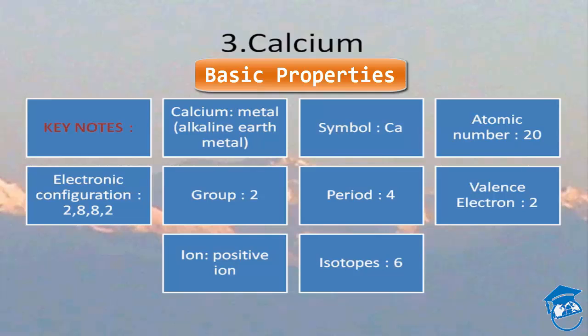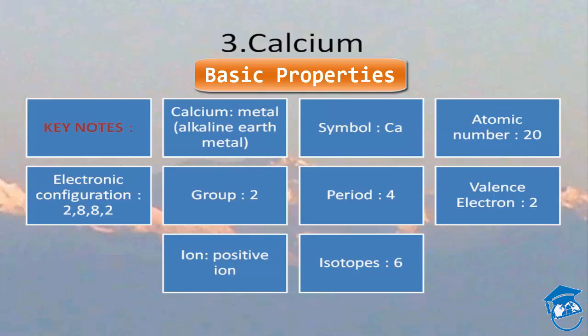The electronic configuration of calcium is 2, 8, 8, 2. This means calcium has 2 valence electrons in its outermost shell. Friends, as it is a reactive metal, it forms a positive ion, that is Ca2+, when taking part in a chemical reaction.